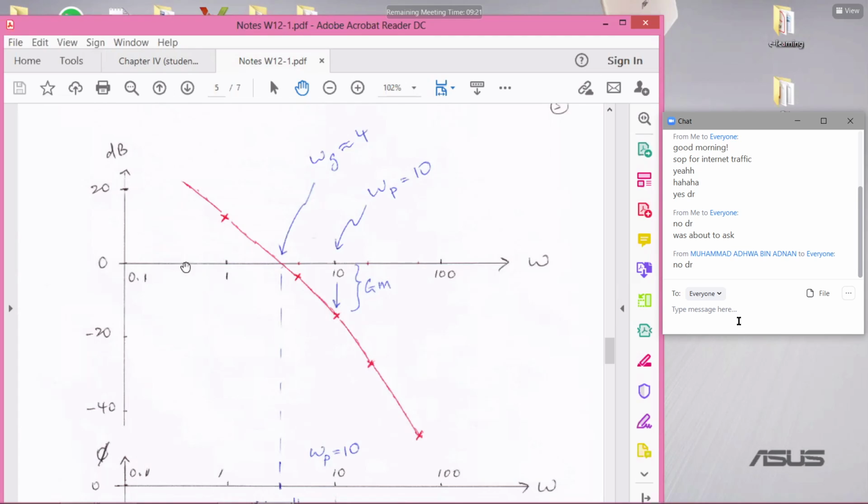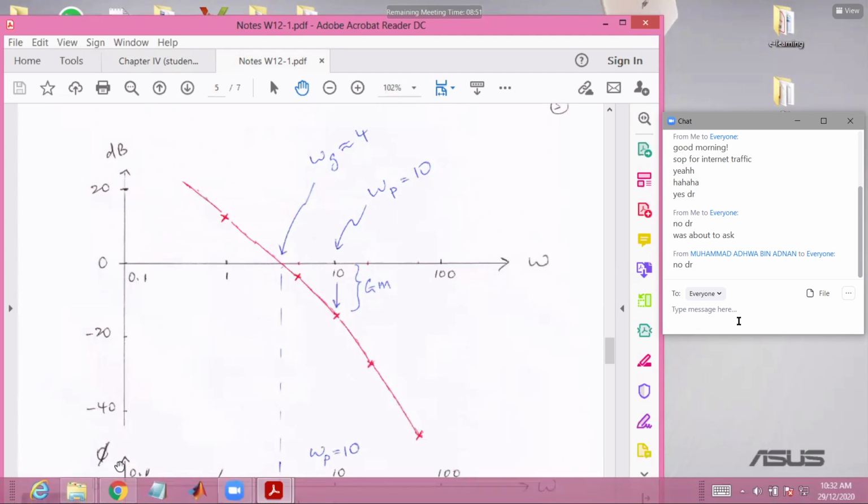You're never going to reach 0 on this log scale, no matter how far you go to the left. 0 here is the value of decibel, the value of your vertical axis. The value of frequency there is 0.1. And one decade later is 1, and one decade later is 10, one decade later is 100.